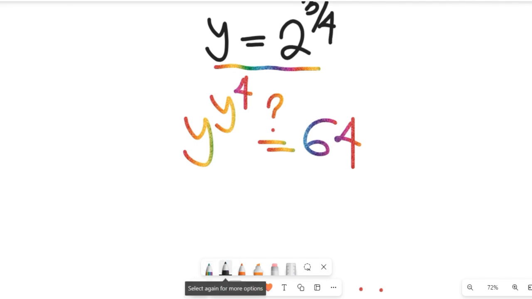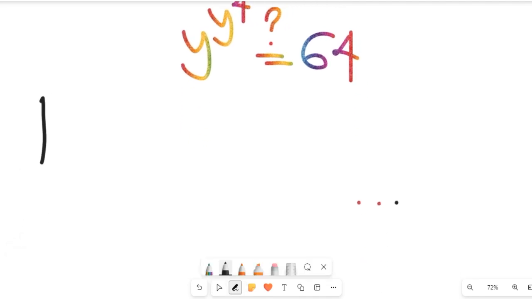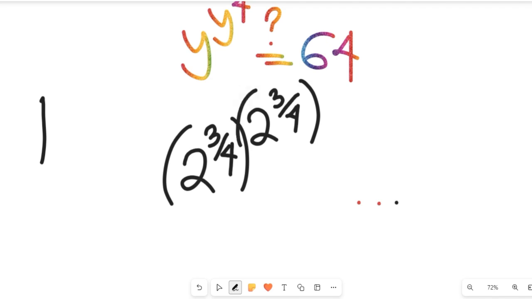Now let's do that. That expression will now give us 2 to the power of 3 divided by 4, all to the power of 2 to the power of 3 divided by 4, and that will be to the power of what? Of 4, right? And that will be equal to, remember, according to the law of indices, this will multiply this.